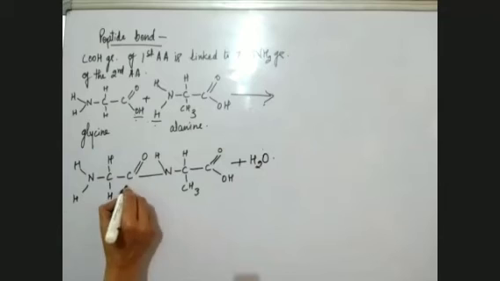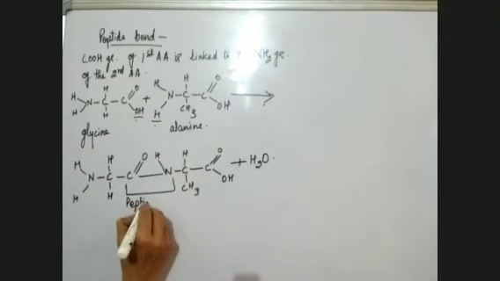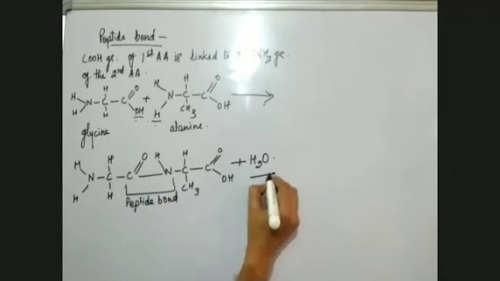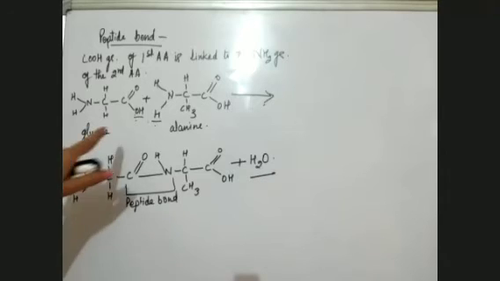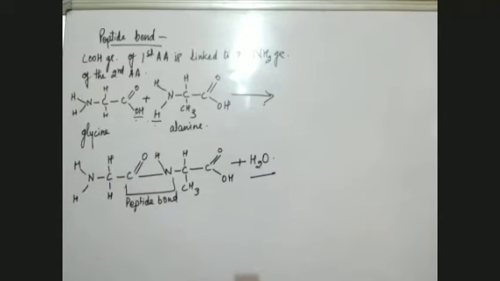So this is the peptide bond formation. Here the peptide bond formation has taken place with the release of a water molecule. Now here if you see the participation of the carboxylic group of the first and the amino group of the second, and this results in the formation of glycyl-alanine. This is the peptide bond formation.